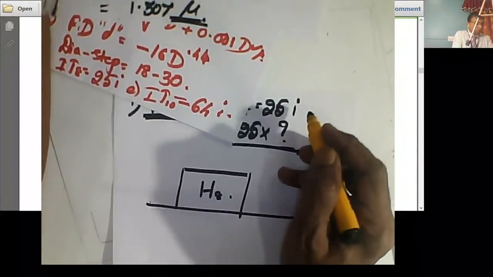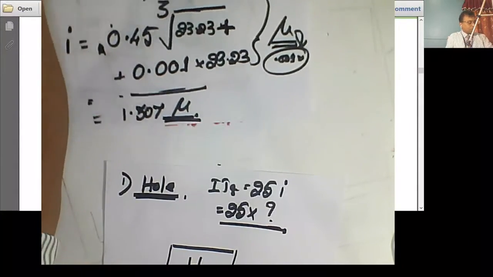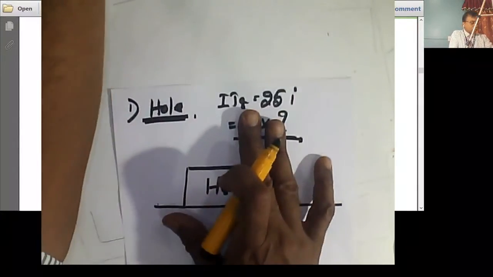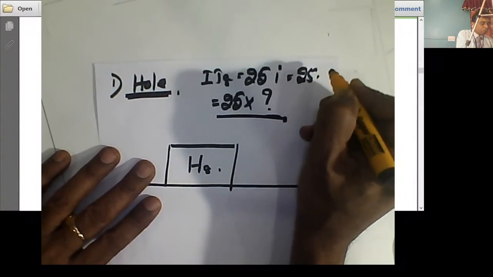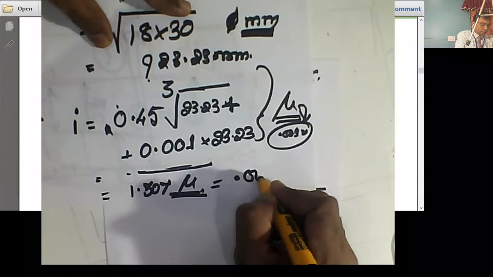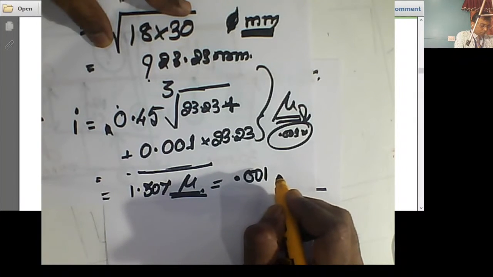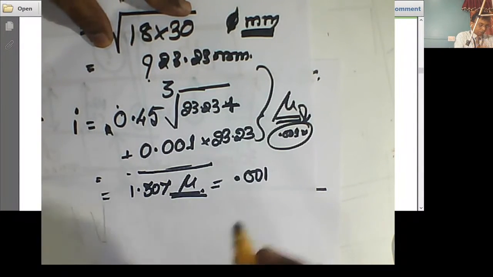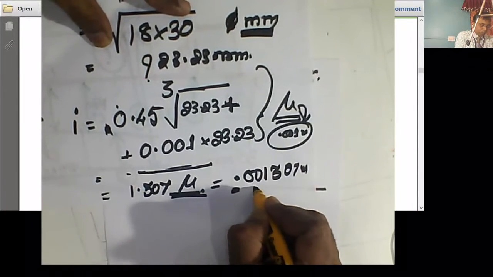Okay, so now we'll continue this part. 1.307 microns, that is equal to 25 into 1 micron. This becomes 0.001 mm.